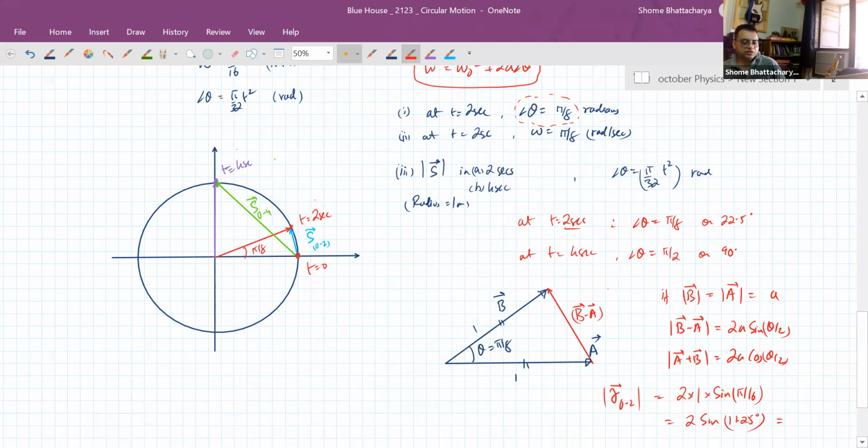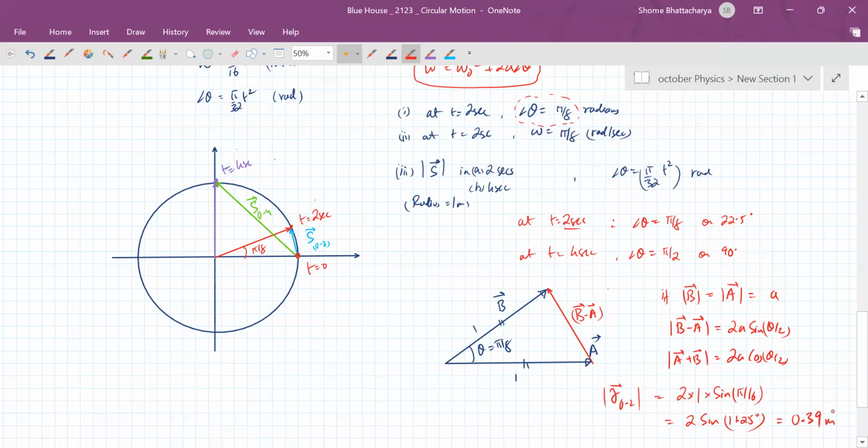It will be a very small displacement in that sense. So it will be about 0.39 meters, close to 0.4.